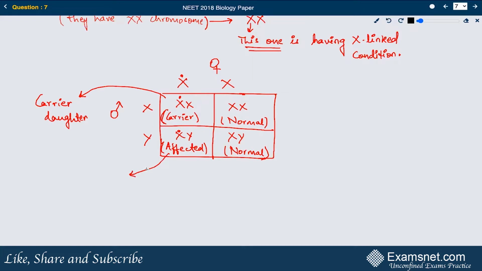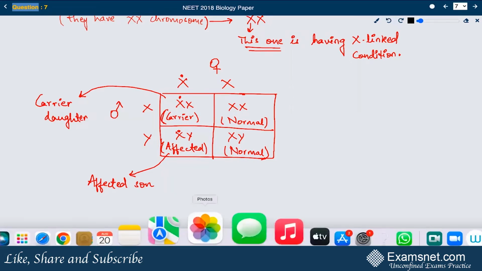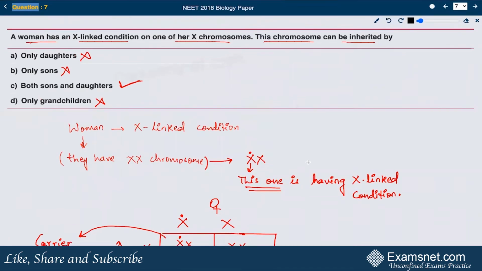Why? Because the son has only one X chromosome, and that X chromosome will carry the diseased condition. That's why it is the affected son. So it is coming on to both son and daughter. Out of 4 possibilities, one daughter and one son will have the disease. That's why option C is the correct answer over here.